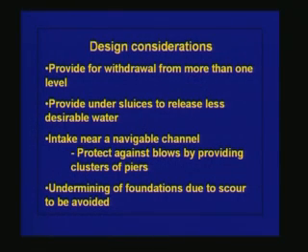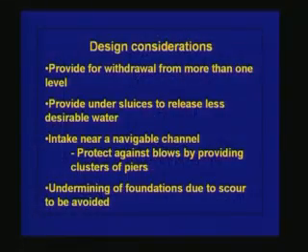We also have to provide under sluices to release less desirable water. Under sluices are the ones provided almost close to the bottom of the reservoir, canal or river, and they should be placed very close to the intake structures. These under sluices should be used for removing undesirable water, so that only good quality water enters the intake structure and the pumping installation.